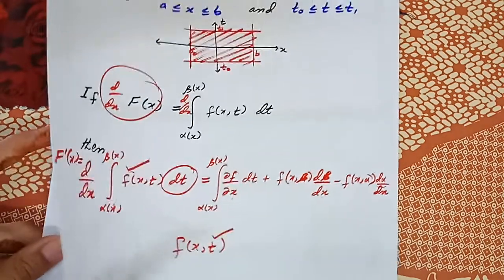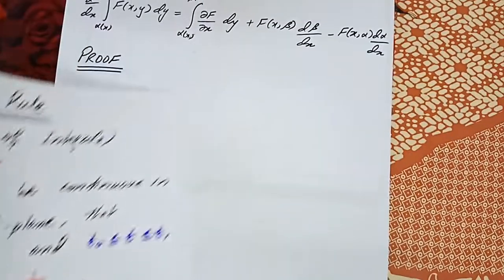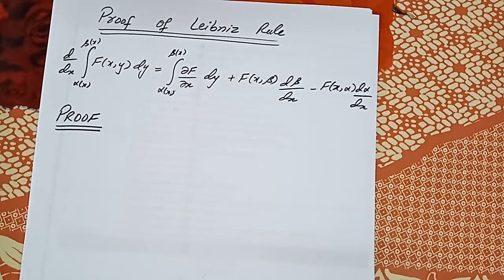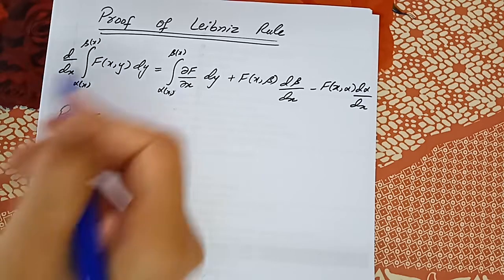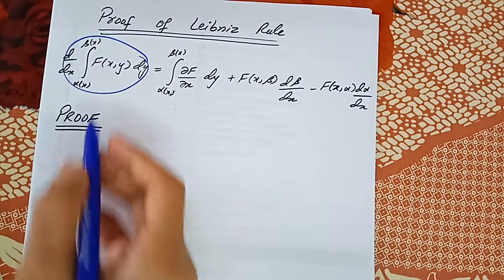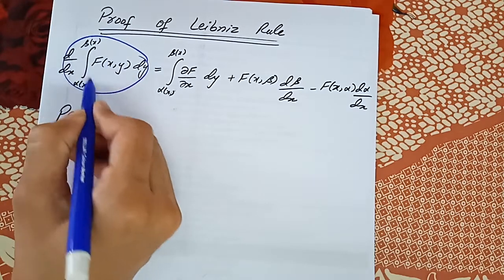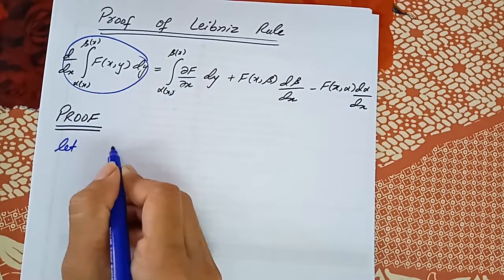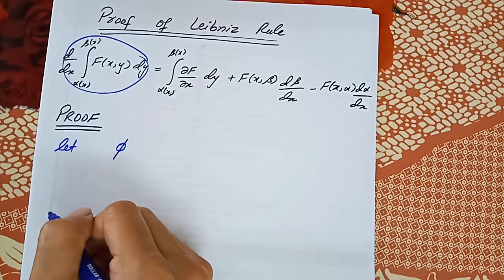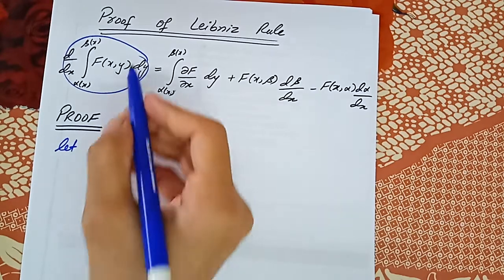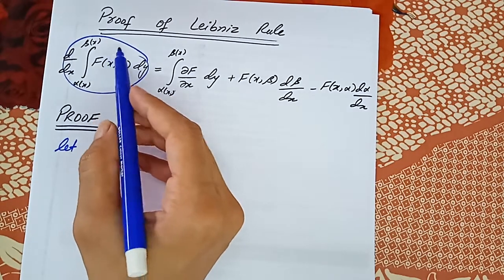Now we are going to see how we can prove this. Let's prove this Leibniz rule now. To prove it, consider your left hand side. Consider this integral equal to some other function, which I am letting equal phi. Phi depends upon which variables?